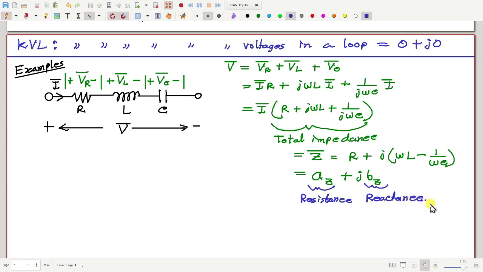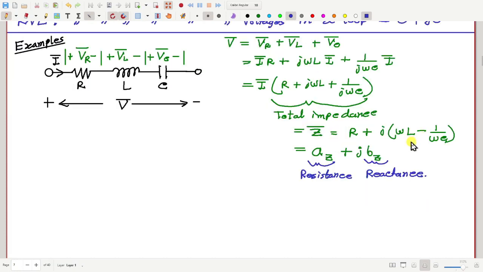Okay, and now also observe that if we have only this inductor, only inductor L is there, this capacitance is not there, then this imaginary part will be positive.